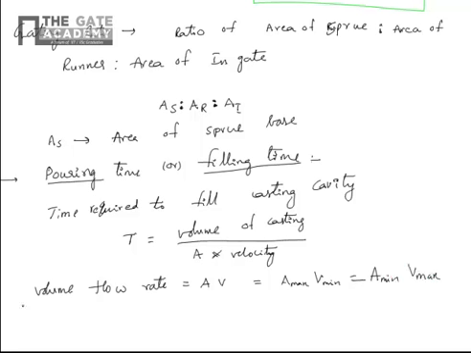Anything you can take. So we take A minimum, which is equal to choke area, which is the minimum of area of sprue, area of runner, area of ingot.